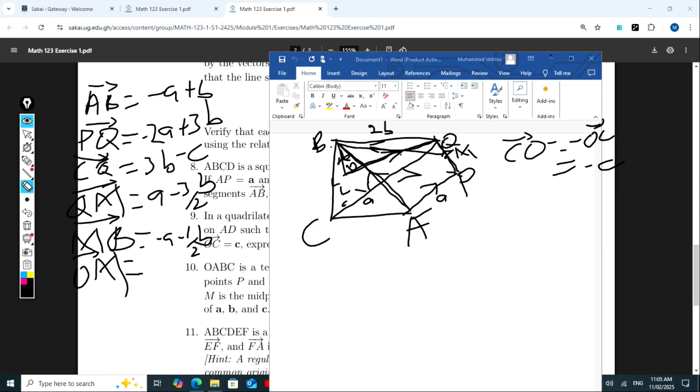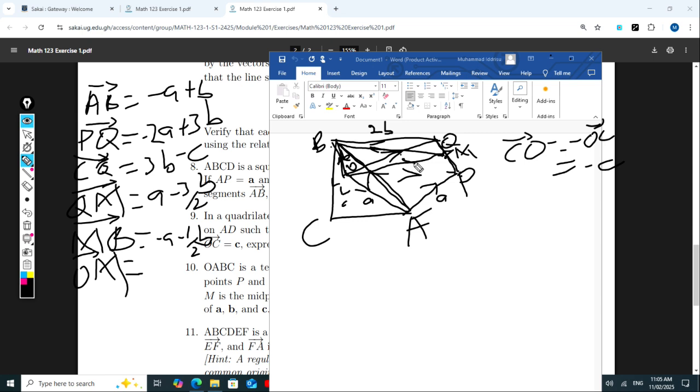So let's draw our points. Okay, so we want OM. I believe you can see this. So let me cancel this, so that we can see the point we are looking for.